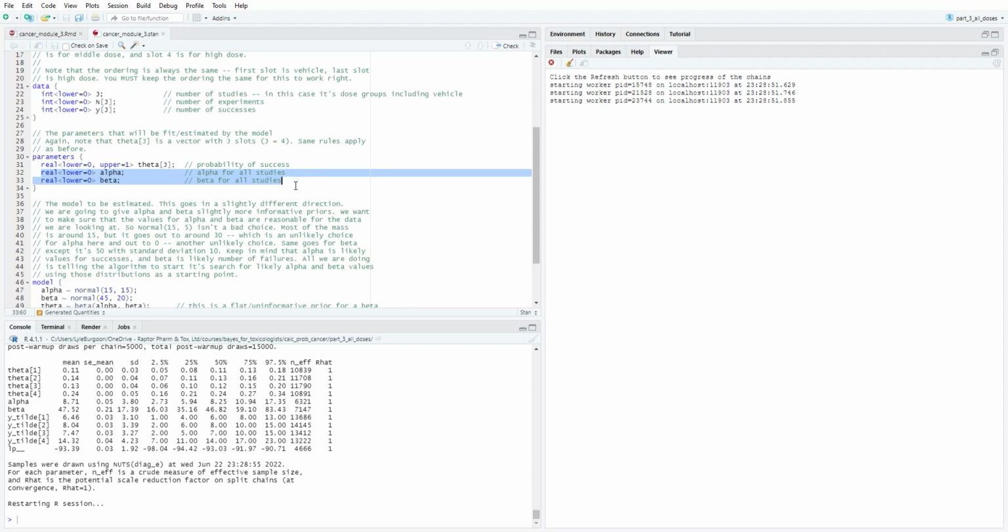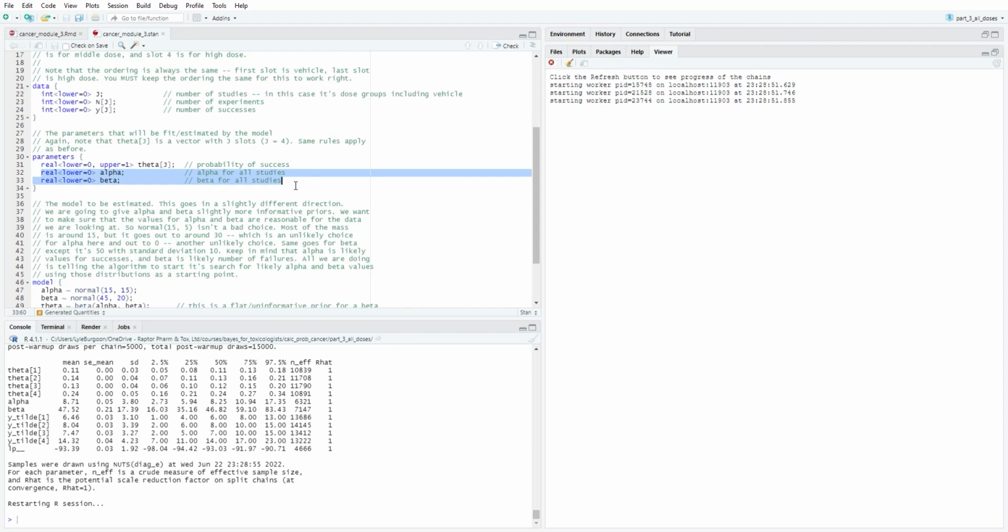Got it? So we're saying there is this hierarchical structure to our data set such that we have these different levels of treatment: vehicle, medium, low, high. Sorry, I took that out of order. Let me try it again. Vehicle, low, medium, high. There we go. I got it right that time.